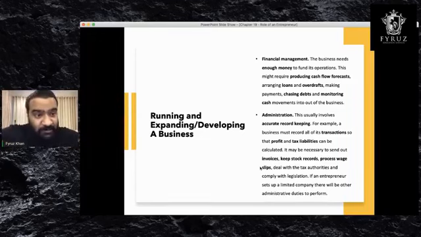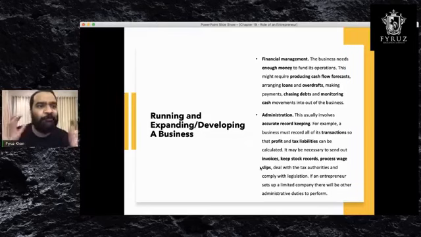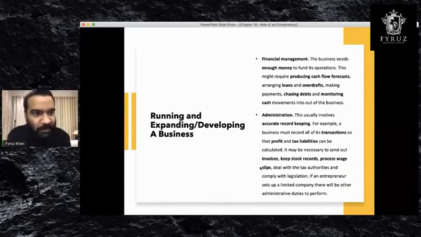Let's say you've bought something, you need to have all those records. That is actually administration. If you go to any proper company or organization, you will see that the administration will have records of everything. They will keep it in a file, or they will photocopy and keep everything saved in a hard disk, right? Because you may need it later on.